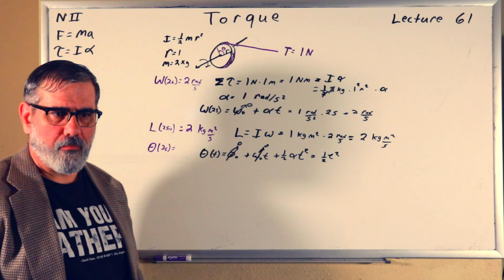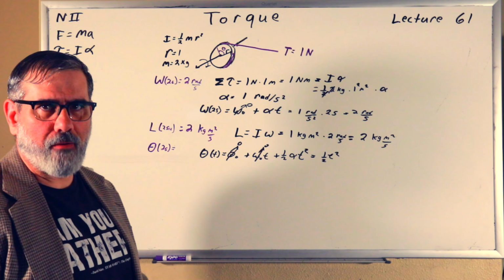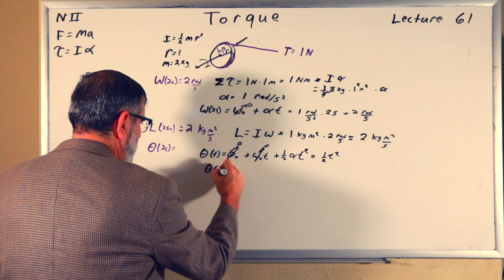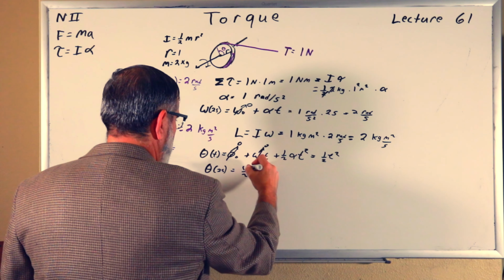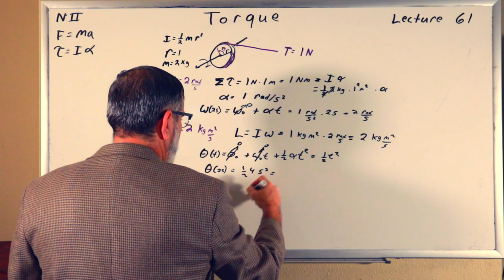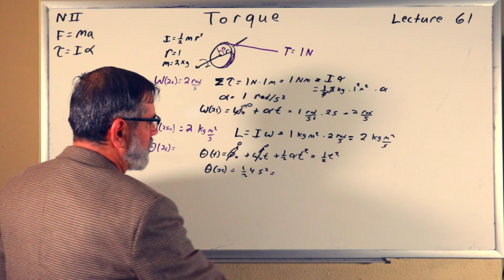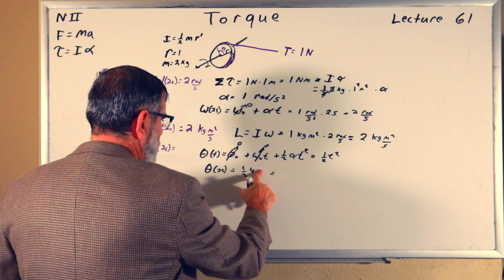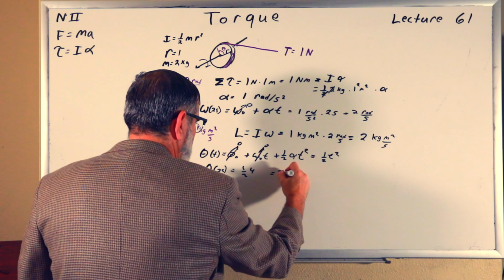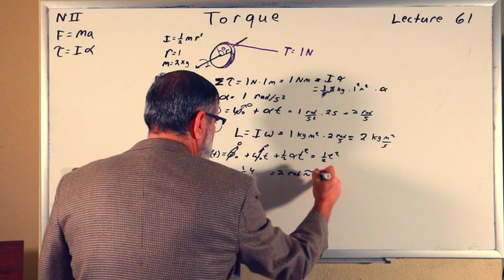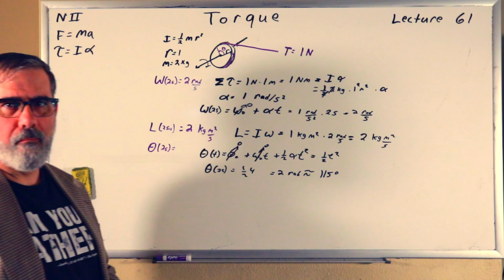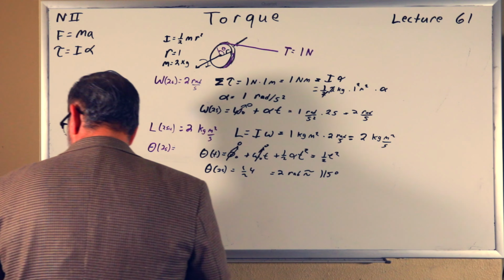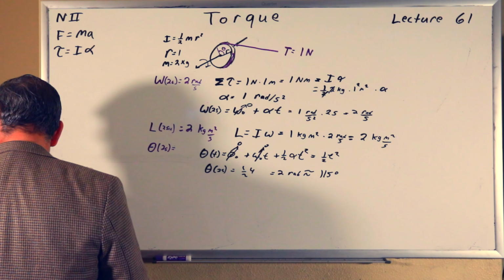So theta after 2 seconds is 1/2 times 2 squared, which is 4, over 2. We have units of radians per second squared times seconds squared, so this will just be radians. So that is 2 radians, which is approximately 115 degrees. Okay, so what other quantities can we calculate that are useful?